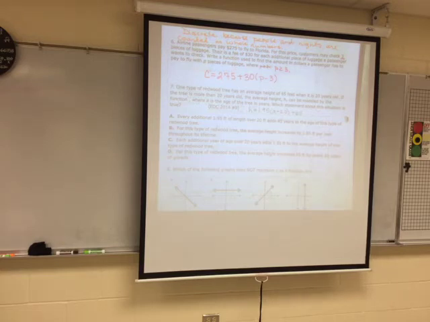All right. A says every additional 1.95 feet of length over 20 feet adds 45 years of age to this type of redwood tree. Okay. B says for this type of redwood tree, the average height increases by 1.95 feet per year throughout its lifetime.